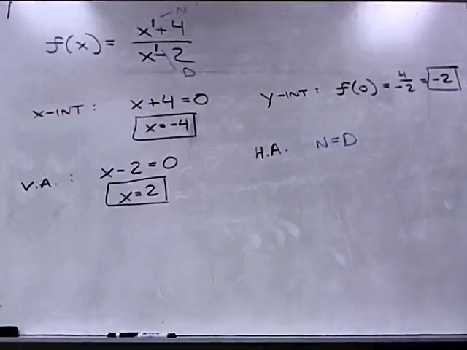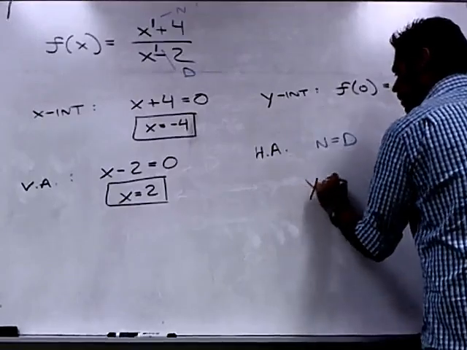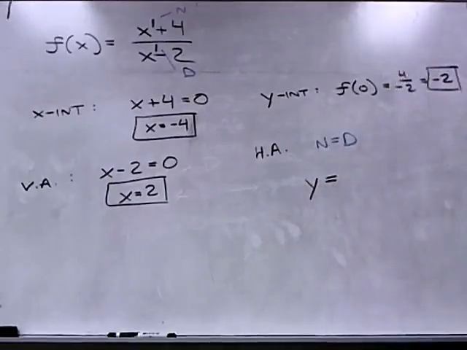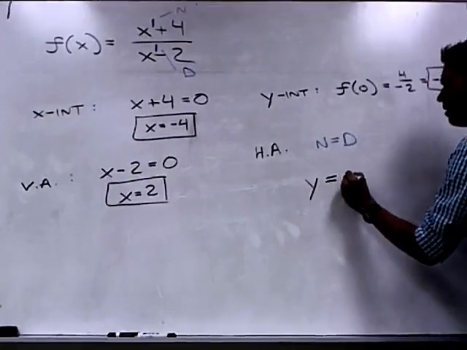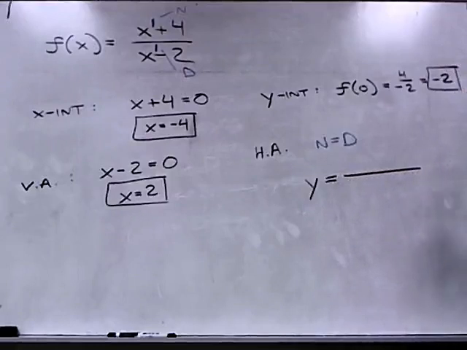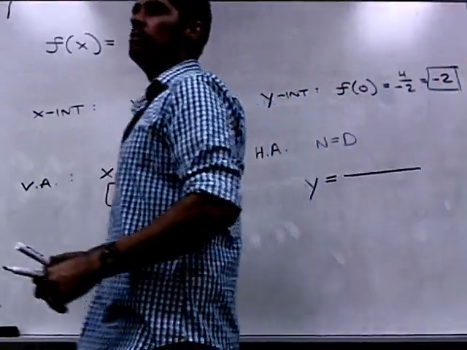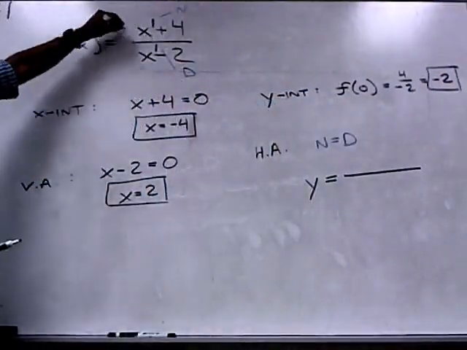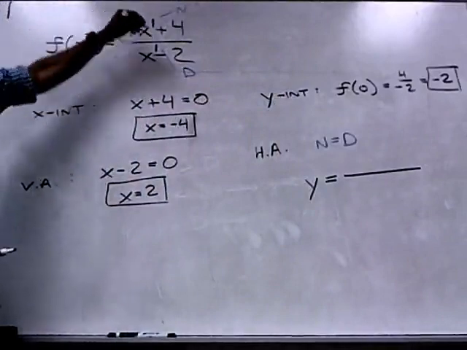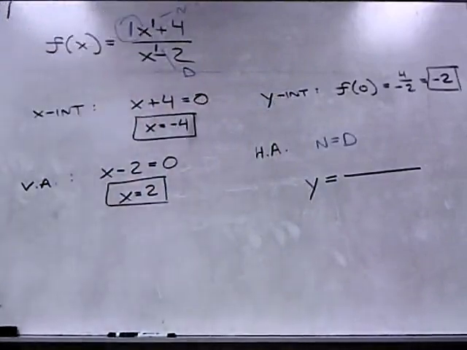Well, I said you'll have a horizontal asymptote and it'll be y equals the leading coefficient of the numerator divided by the leading coefficient of the denominator. So now I have to go back up and look at their leading coefficients. What's the leading coefficient of the numerator? 1. You're looking at the number in front of x, not the power.